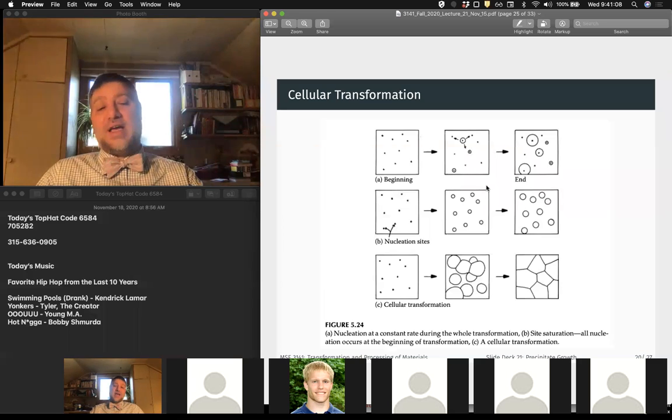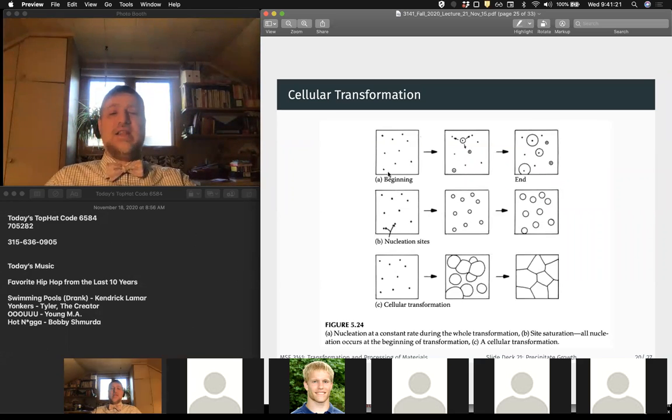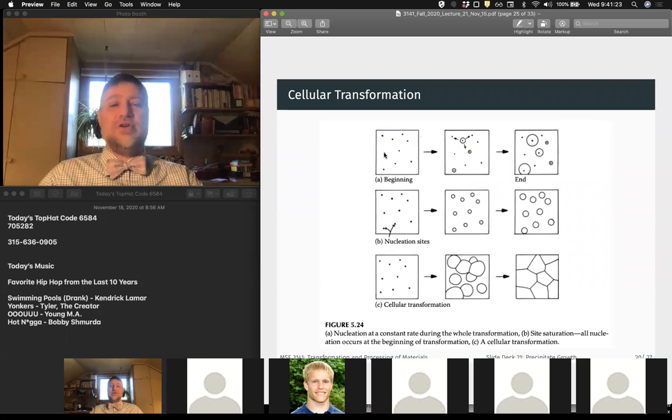We could have a case up here where we have supersaturated alpha going to alpha plus beta, say, right? And then we have nuclei, and these nuclei are going to grow, and we could have two cases.